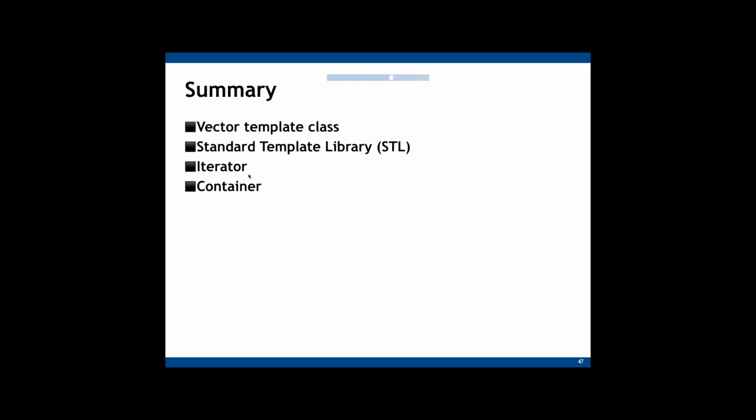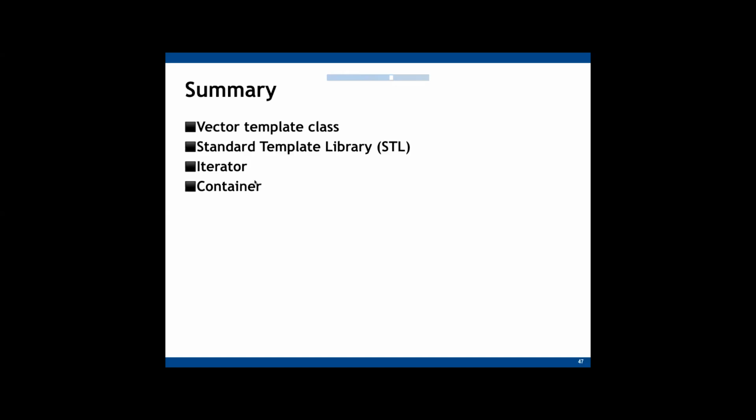If not, the iterator is a constant iterator. And we also learned the reverse iterators. We can use a reverse iterator to access elements from the last to the first one. And for that case, we use rbegin and rend. So don't make a mistake.